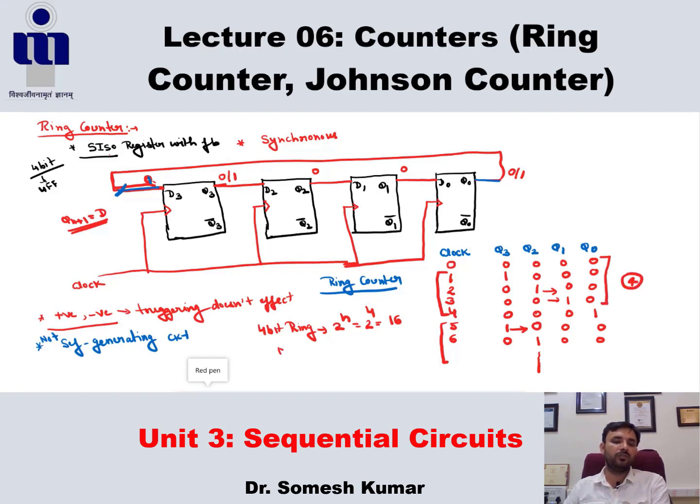So the number of unused states is 16 minus 4, so 12. For an n-bit counter, the number of unused states is 2^n minus n. So this is the number of unused states in an n-bit ring counter.